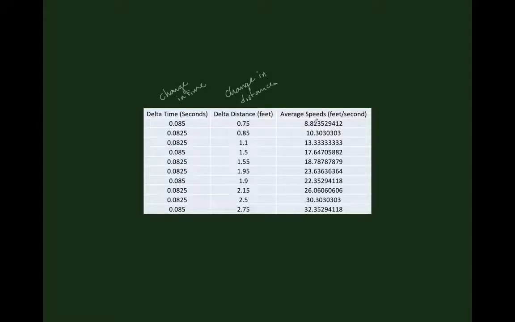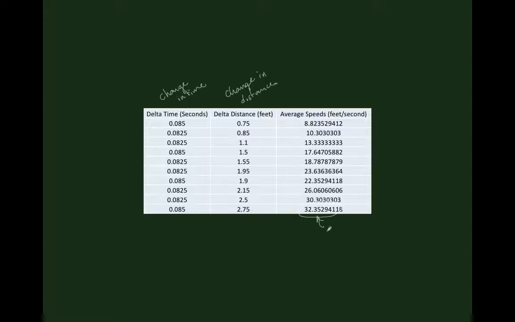Now, when an object's accelerating, it means the distance it travels over each time interval increases. And we can see that increasing distance, and therefore the speed is increasing. And this number right here, this very last number, jumped out at me, and it motivated me to think about an interesting question.